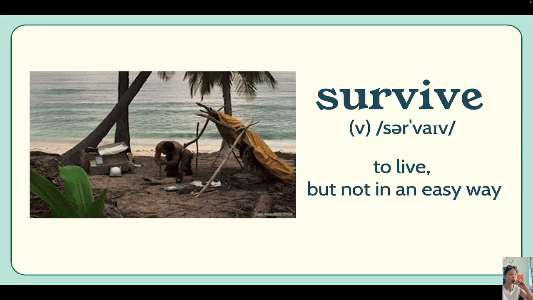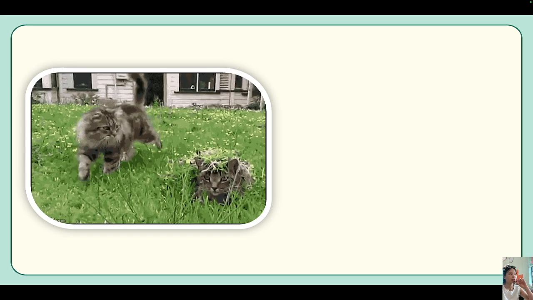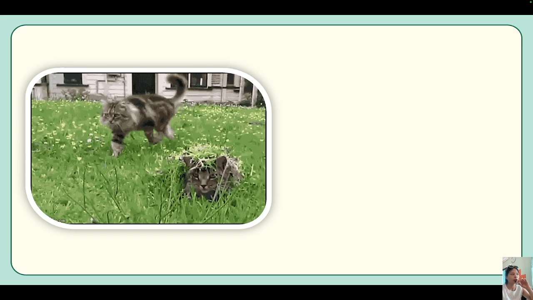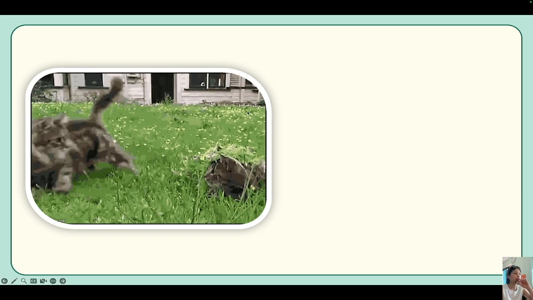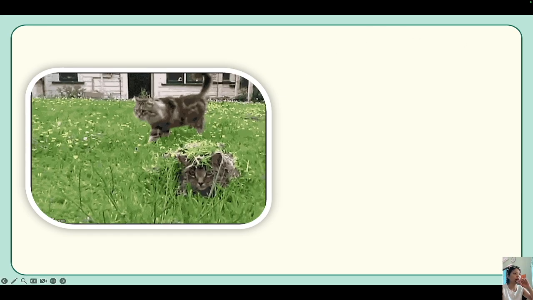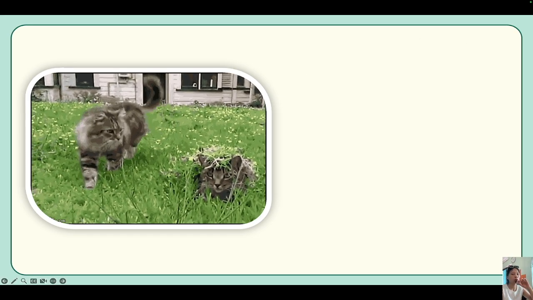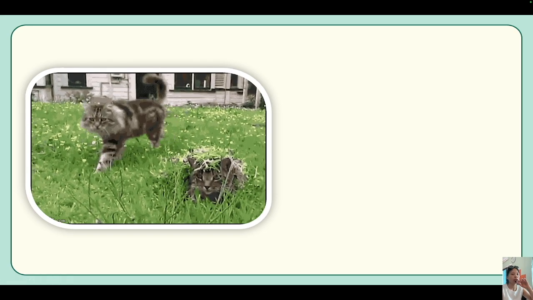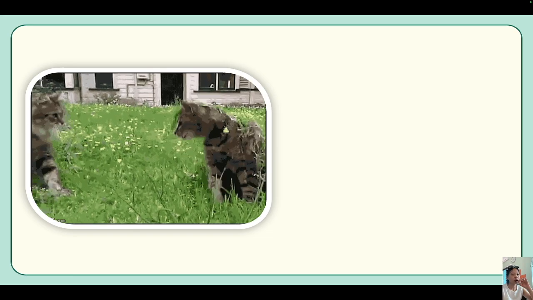I promised you. And another word. What do you see? No, I will point to the point of view of this cat. Can this cat see this one? No. Why? Because it is blended in, or it looks like the grass.